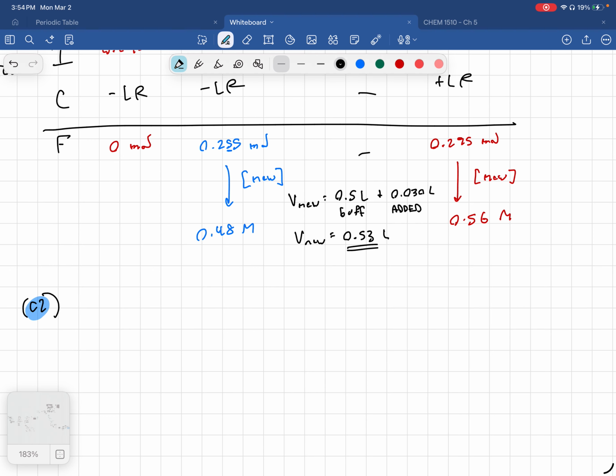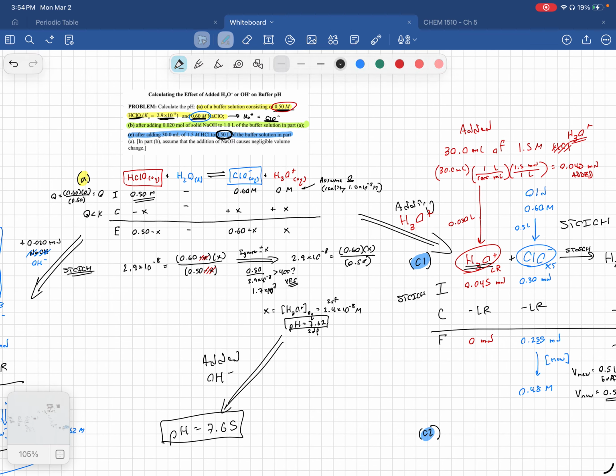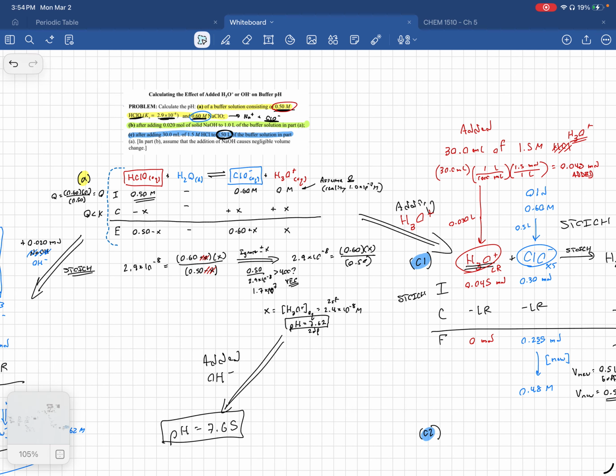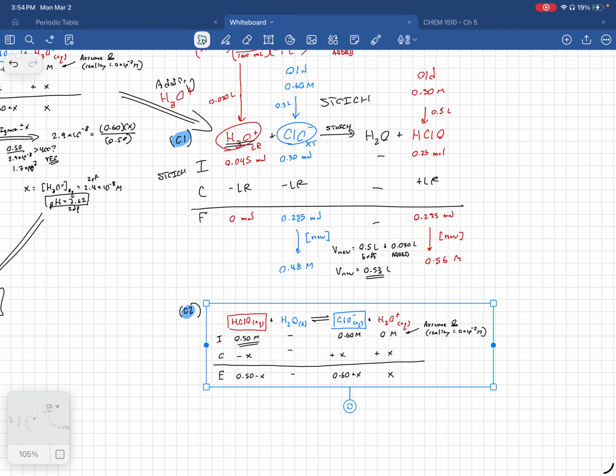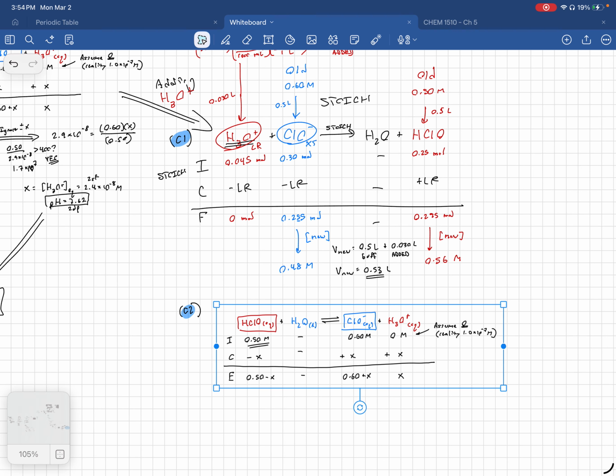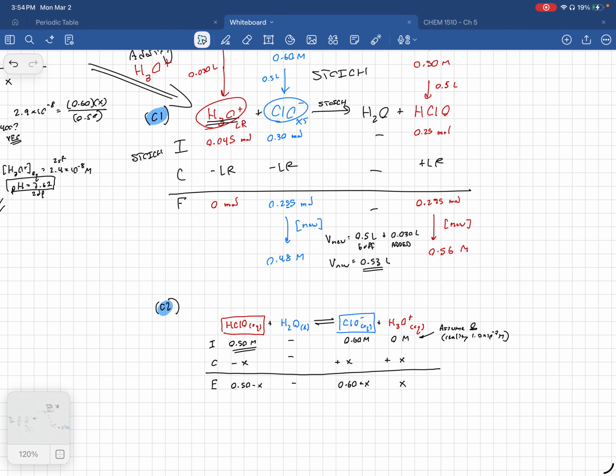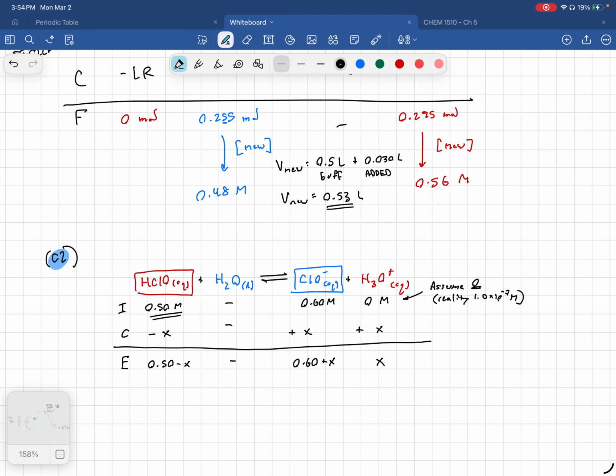Okay, and so now we are again going to do just an ICE problem. Same exact problem. We're not switching from a Ka to a Kb problem. We're just going to treat it like a Ka problem, because technically it doesn't matter.